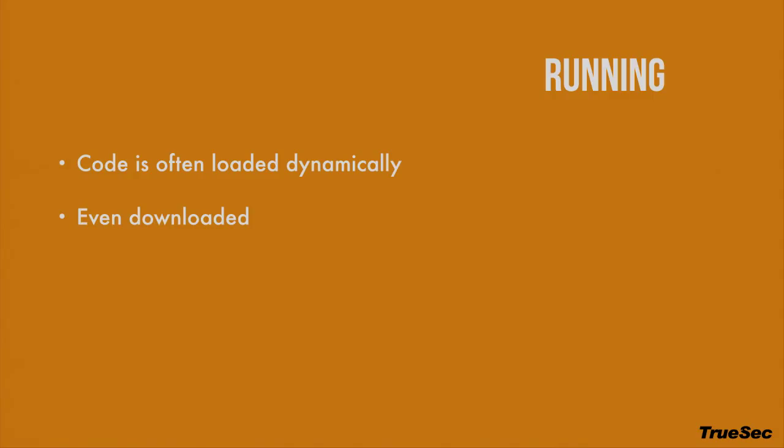So when you have released something, it's deployed to your customers or users. It's out there. It's running. What happens? Well, a lot of the time, when you run your end product, your application, you have a lot of code that's loaded dynamically that was not part of your original package, maybe. Sometimes you even have code that's downloaded or hyperlinked in from JavaScript, from external sources.